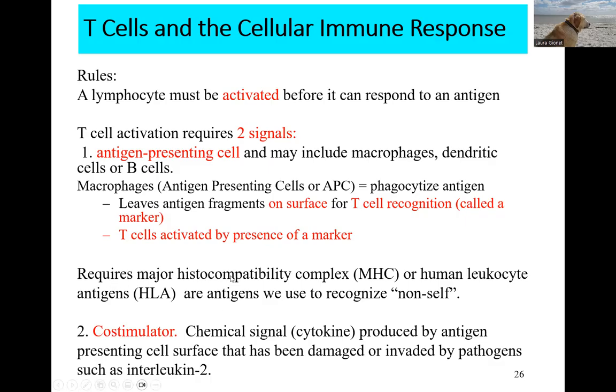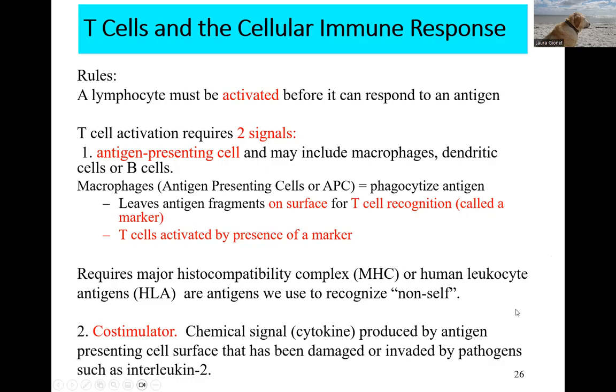So this requires major histocompatibility complexes, or human leukocyte antigens, HLAs, which are antigens we use to recognize self-cells. This is the difference between the MHC1 complexes, which identify our self-cells, versus an MHC complex 2, which is a fragment from a foreign invader on the self-cell.